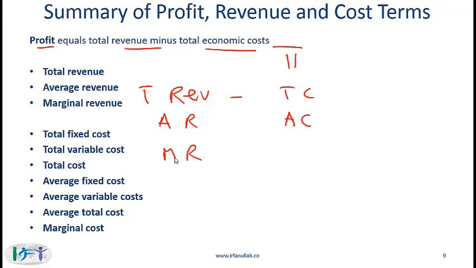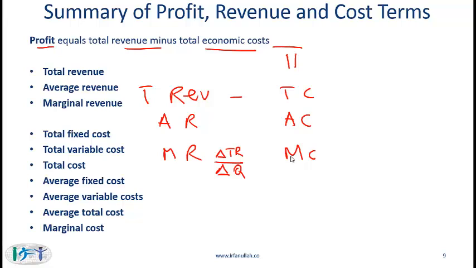Marginal revenue is the revenue from one additional unit sold. It is also sometimes calculated as the change in total revenue divided by change in quantity. Similarly, we have a marginal cost term, which is the cost of producing one additional unit.